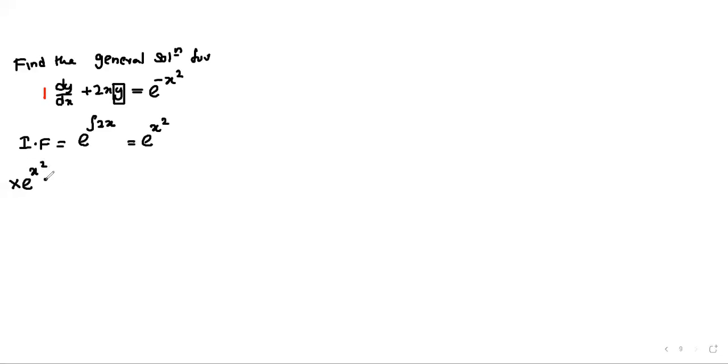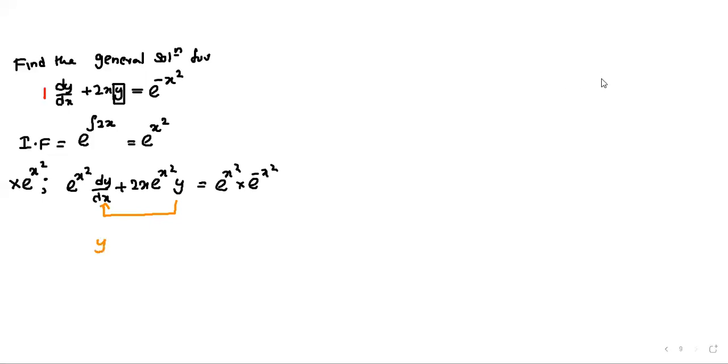Now let's see what happens if you multiply this whole expression with the integrating factor. e to the power x squared dy by dx plus 2x e to the power x squared y equals e to the power x squared into e to the power minus x squared. Right. Now you can see whether we can form the previous format. The differentiation of y is here, so y you can replace here.